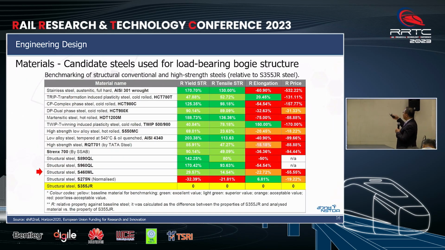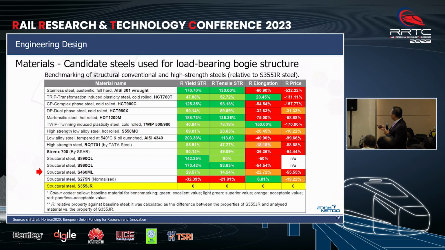You can learn from this slide what the advantages and disadvantages are, comparing the conventional S355 and S460 steel.